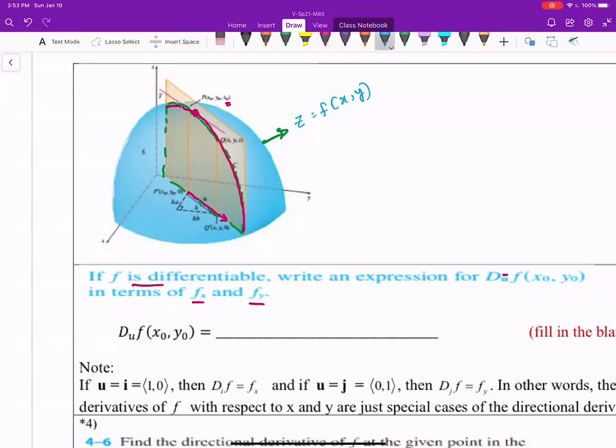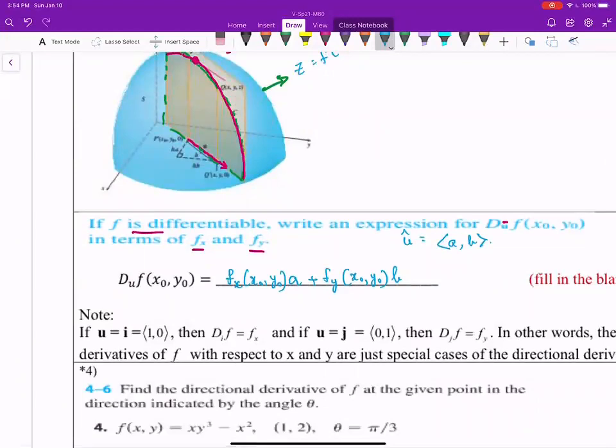So we can write D_u f(x0, y0) equals the partial derivative of f with respect to x at the point (x0, y0) times a, plus the partial derivative of f with respect to y at the point (x0, y0) times b. So what are a and b? a and b are the components of the unit vector u, which is of length 1.